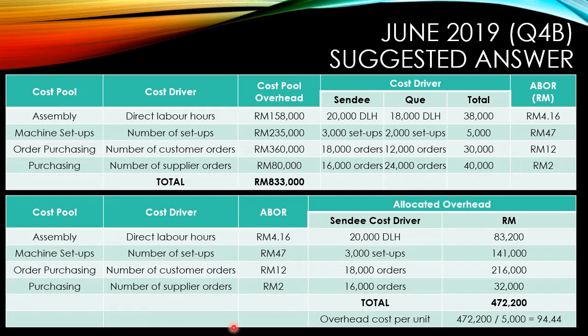Once you have your ABOR, you can calculate the overhead for product Sandy by multiplying 4 ringgit 60 cents with the 20,000 labor hours that Sandy has used to produce the product. So the overhead for assembly for product Sandy is 83,200 ringgit.